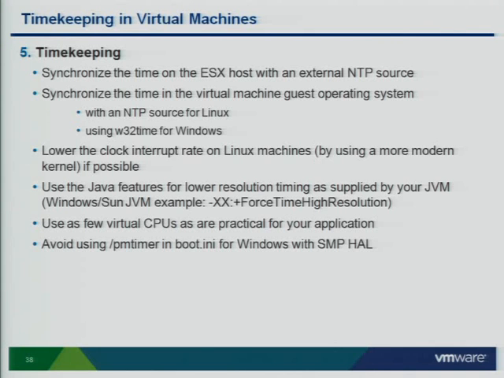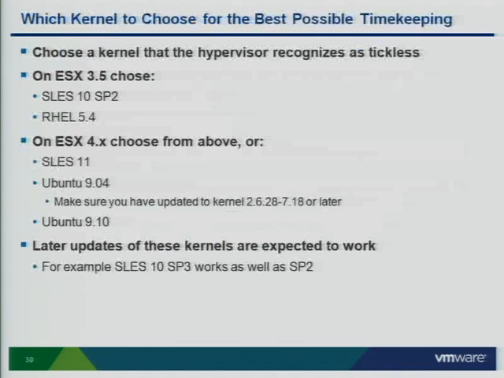If 2 CPUs seem to be giving you the right response time and transactions per second, then that's a great number. If 4 gives you an order of magnitude better, that's a great number. Avoid using /PM timer. We found some problems with symmetric multiprocessing HALs there. So avoid using /PM timer on Windows guest operating systems in the boot.ini file.